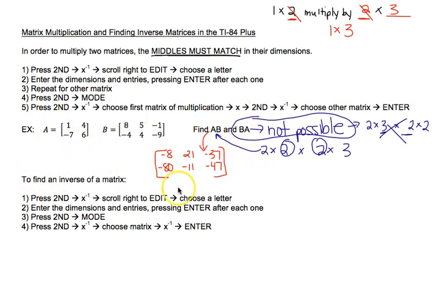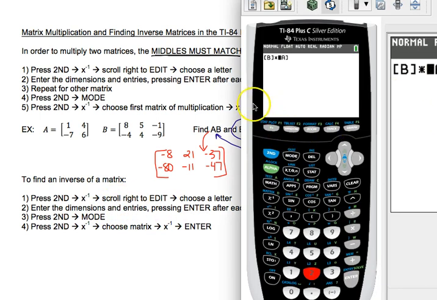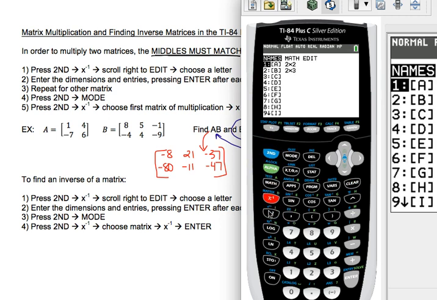Okay. The other thing we need to do should be pretty quick because we've already got our matrices entered. To find the inverse of a matrix, you are going to go to that same matrix screen. So let me clear that out. Second, matrix. Now, the first 3 steps are just telling you how to enter the matrix.